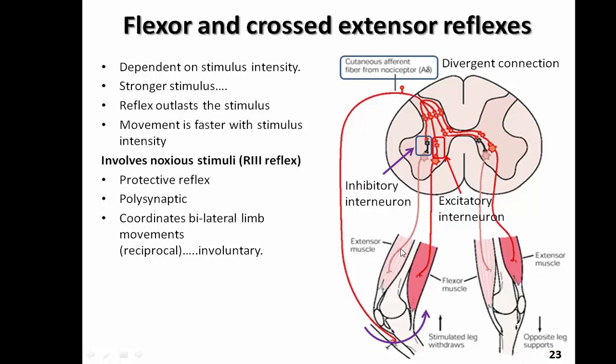On the right leg, the extensor muscle is inhibited, the flexor is activated, producing the flexion response in the right knee, but on the left leg, the extensor muscle group is activated, the flexor is inhibited, so that when the right leg foot is removed from the ground, the left leg will reflexively contract the muscles so as to support body weight, and that's what allows the flexor response to occur.